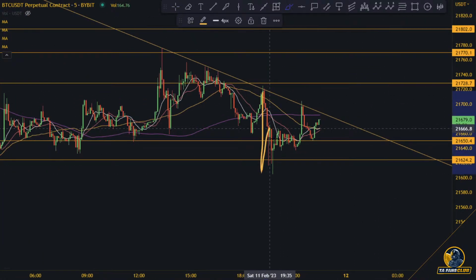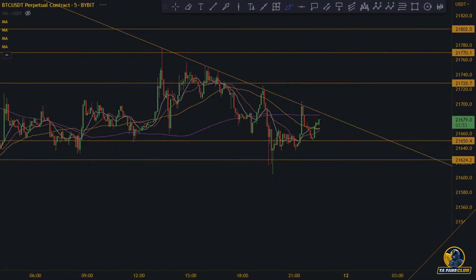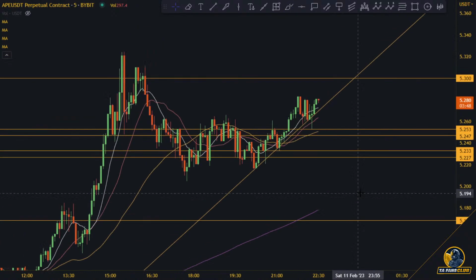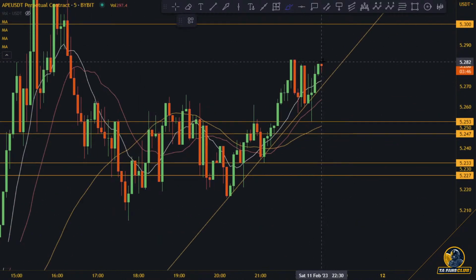I don't like this move up here, consolidation up here. And this little red thing cannot be assumed as dropping. Bitcoin, just don't drop. Okay, it's dropping, guys, dropping.